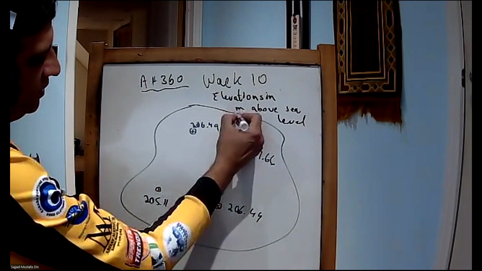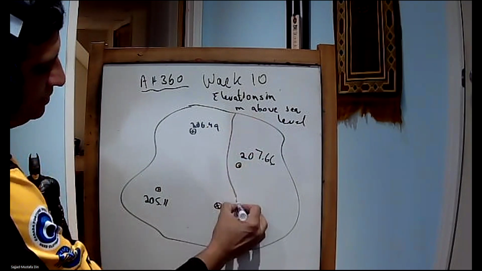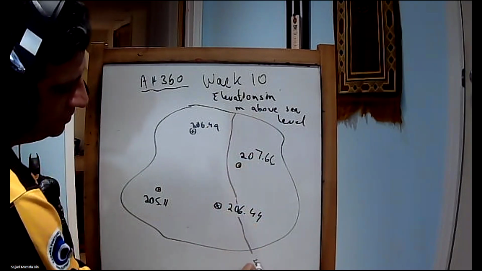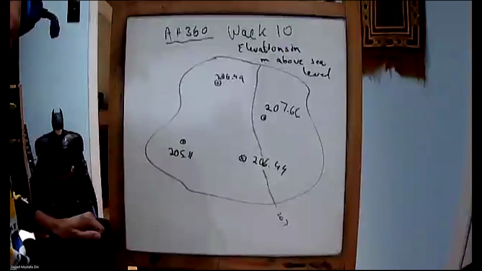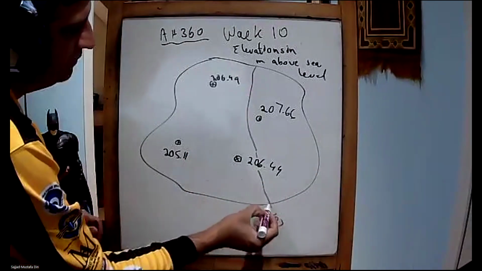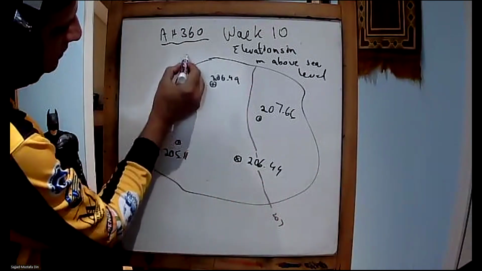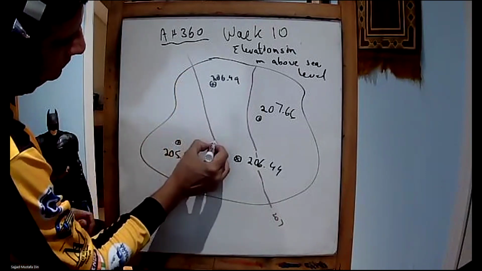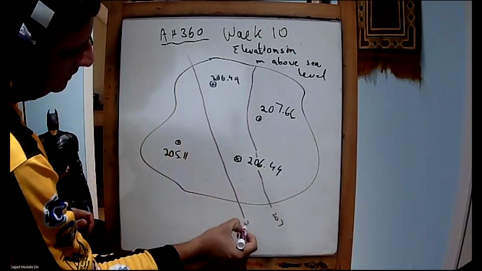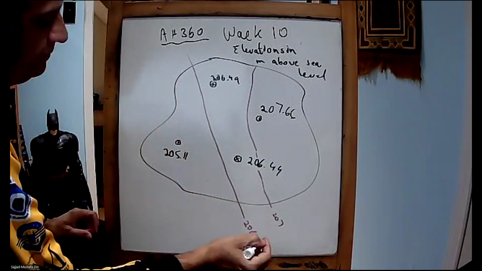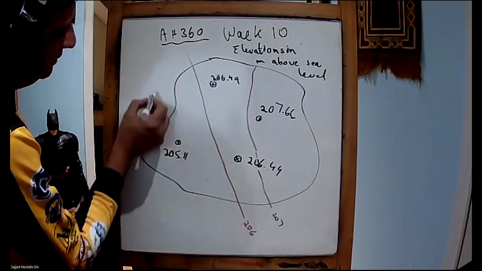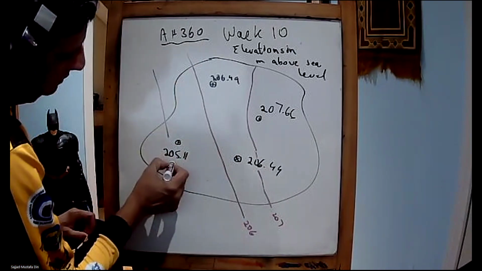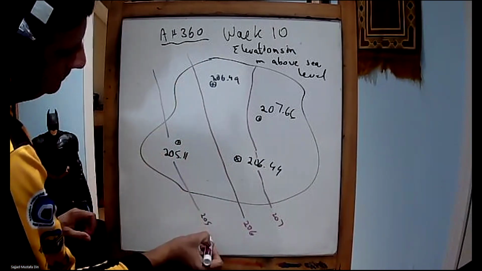Let's say the first contour that goes through here is 207 meters above sea level. Then you've got the next contour going through here, 206 meters above sea level. And then maybe your computer is going to estimate the next contour going through here, 205.